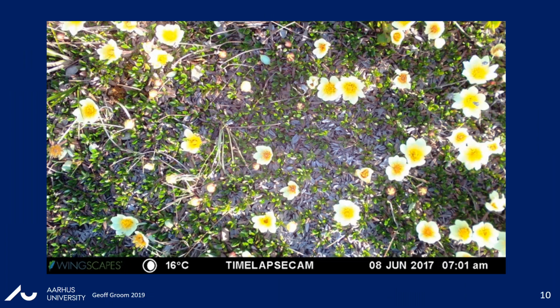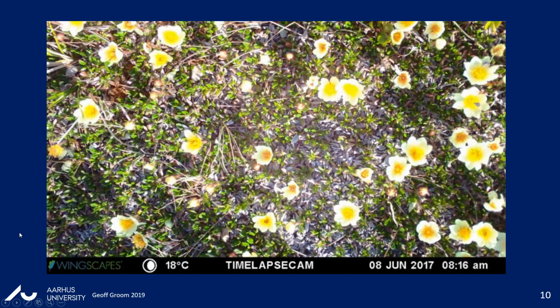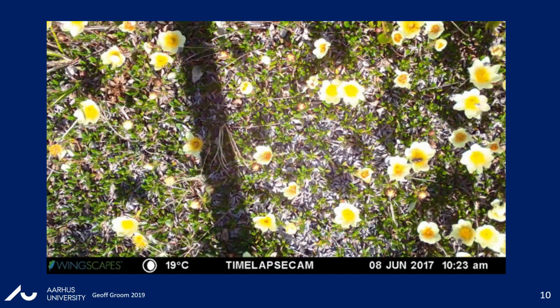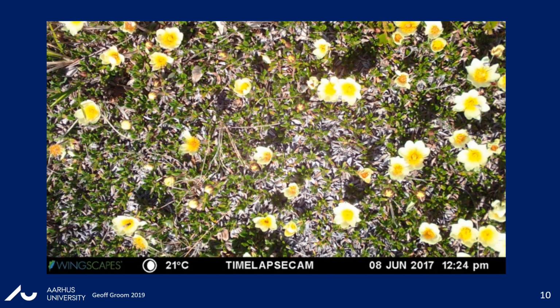Here's a video that runs through a couple of days capture of that type of image data. So we see how the flowers move around a little bit. If there's lots of wind, they might move around a bit more. And if you're very quick, you might be seeing insects come and visit.